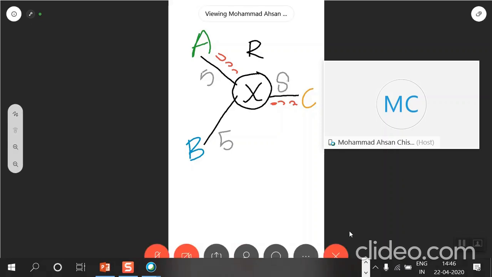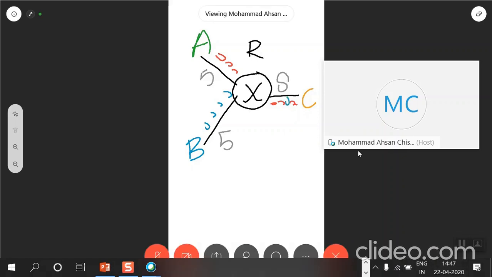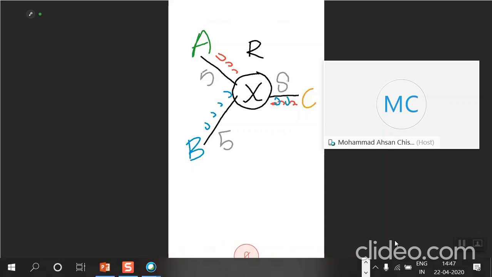But what if B also starts transmitting at the same time at the rate of 5 Mbps? We would have the router transmit both packets of A as well as B. But A and B are transmitting at the speed of 5 plus 5, that is 10 Mbps.